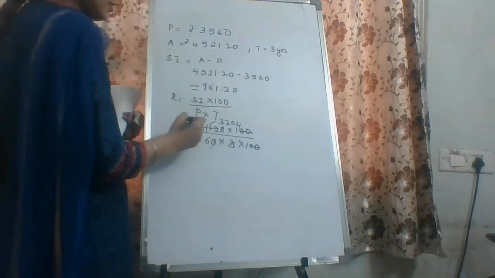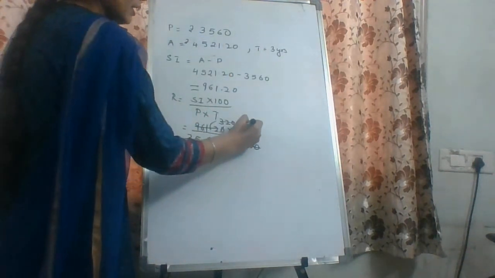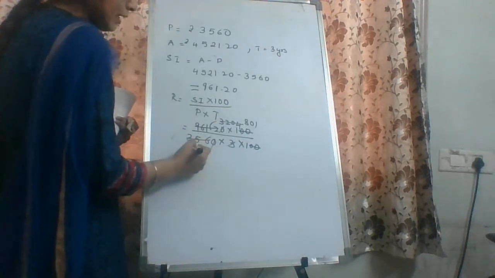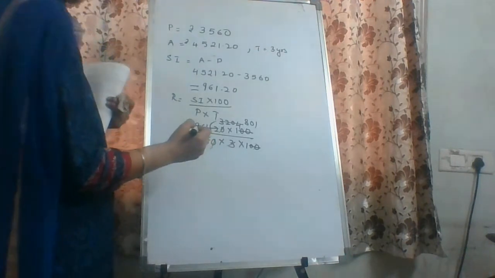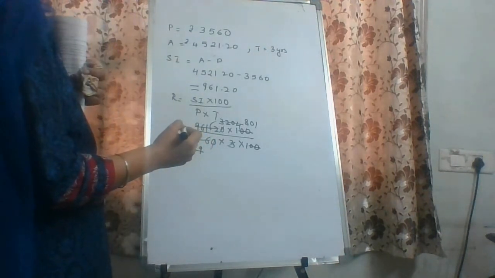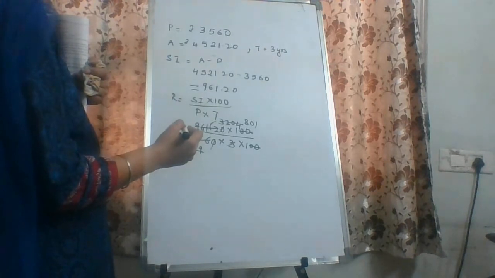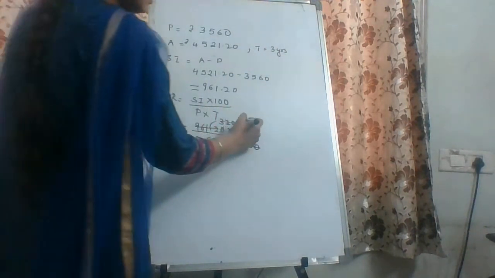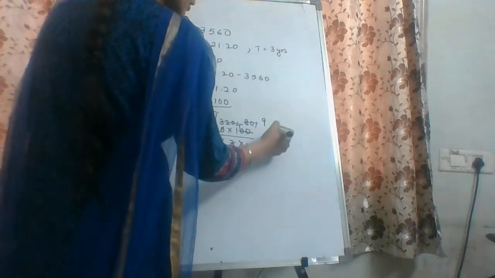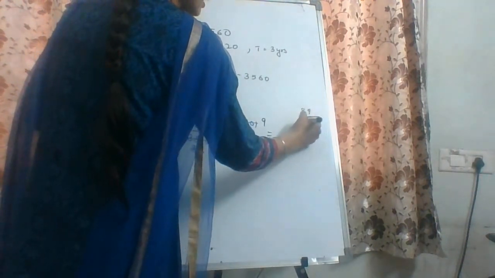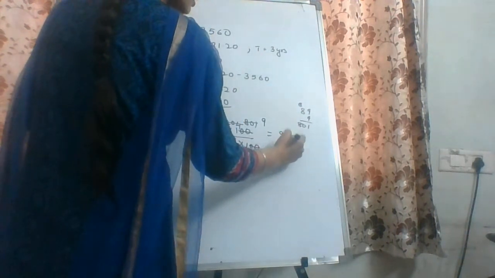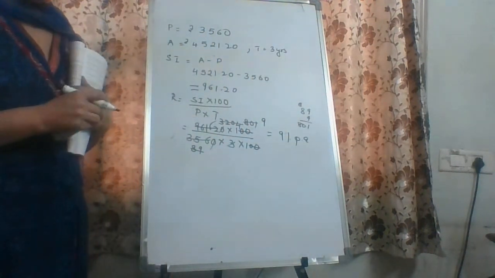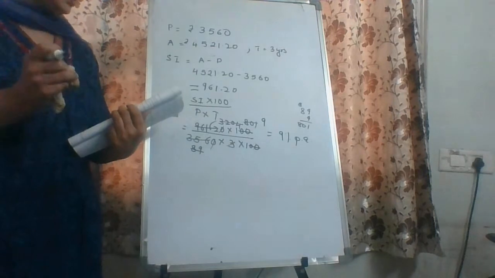Then let us simplify by the table of 4 only. It is 801 and this is 89 nines, 89 multiplied by 9. So this is equal to 9% per annum. Per annum means per year. Rate is always calculated as per annum.